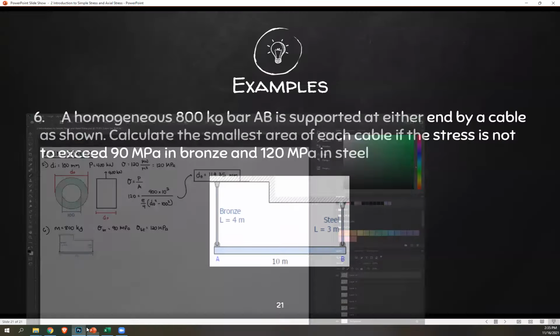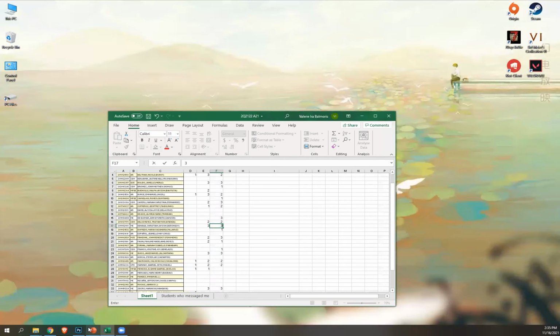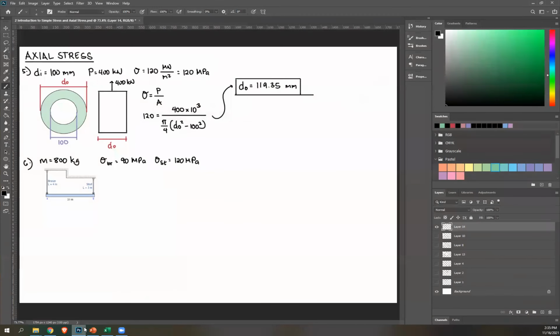So that's our given so far. There. Now, once again, solving for dimension is the same as solving for stress, wherein we have to get its internal force first. Okay, so let's solve for internal forces at your bronze and steel cables.